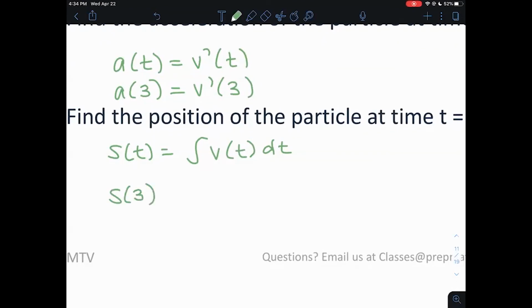In order to think through this, we need to think through the constant that is incorporated with this indefinite integral. And that constant is that original starting point, that initial condition. So we're starting somewhere, the position at time 0, and then we are going to go through the change of position, the integral of velocity from 0 to 3.